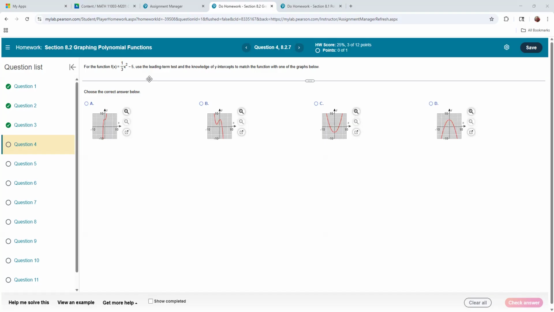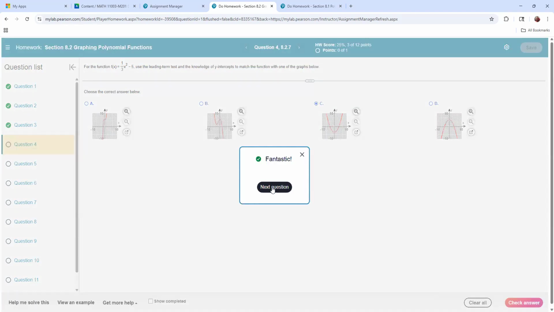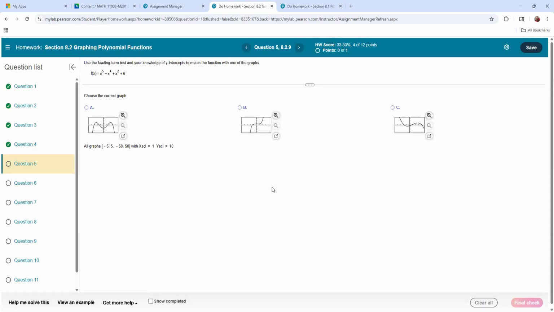So remember, when it was even with a positive lead coefficient, both ends went up and it's going to look like C. And that's an x squared graph, so it's got to look like a parabola, either both going up or both going down, okay? If that would have been a negative 1/3, then both sides would have gone down on that one. And that's what you've got to do on these. Just think about that chart.